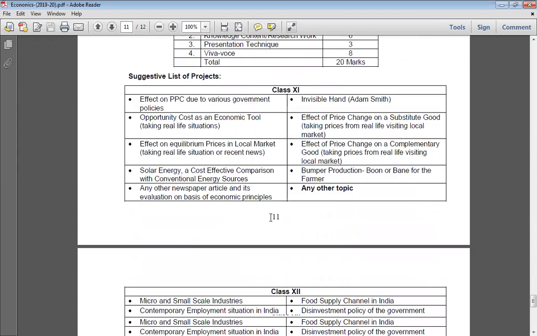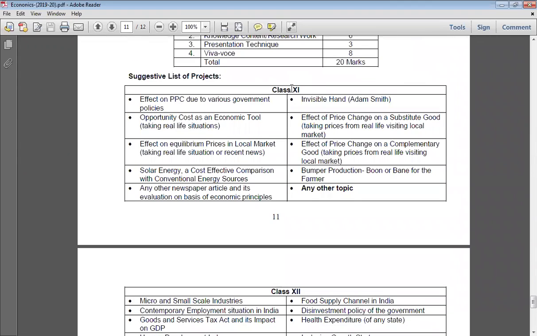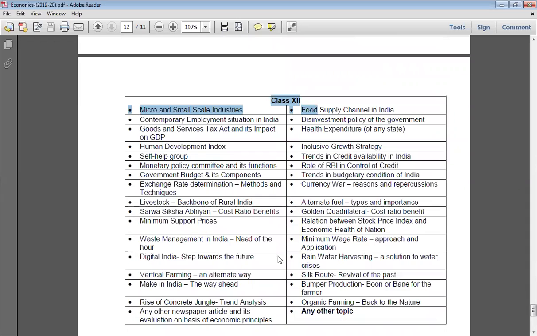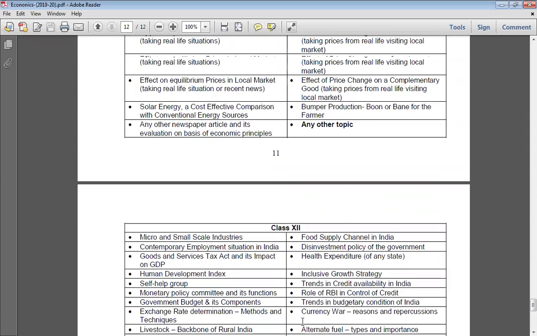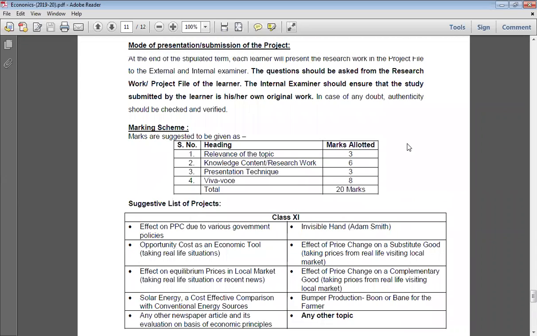They have given a list of titles for grade 11 and for grade 12. We need to choose among these titles or any other topic. If it is any current scenario related to economics, like the impact of COVID on the Indian economy, that also we can choose.